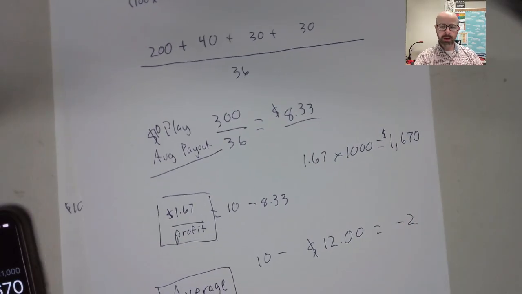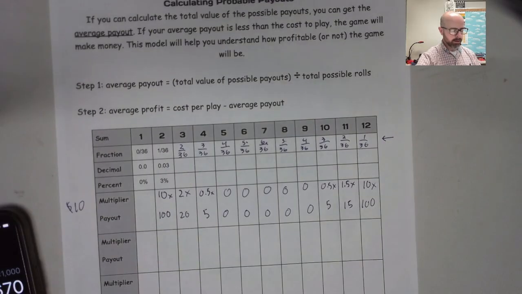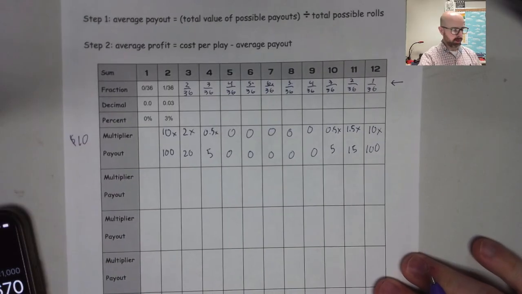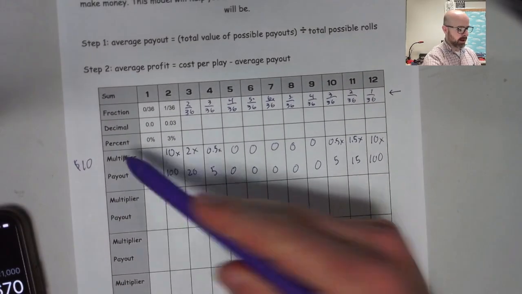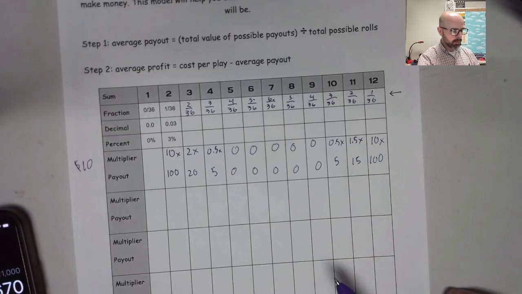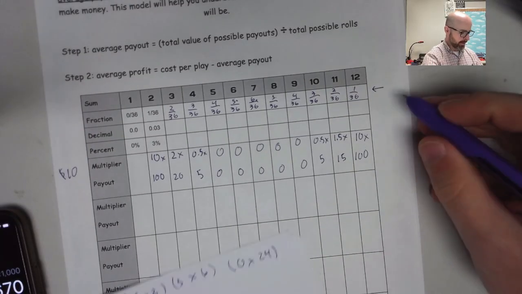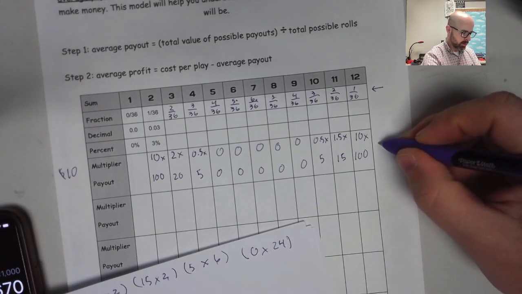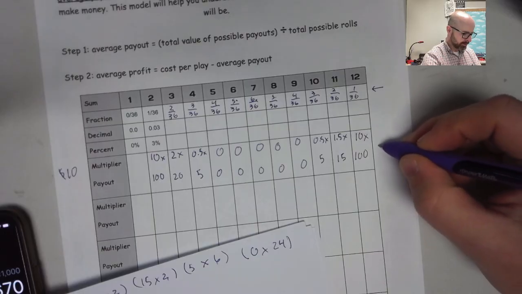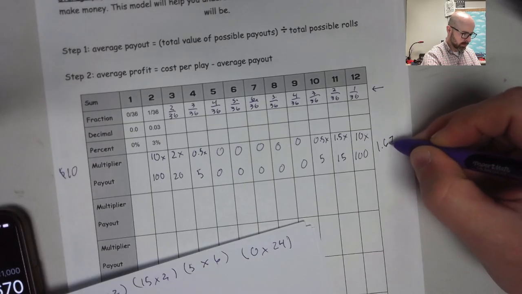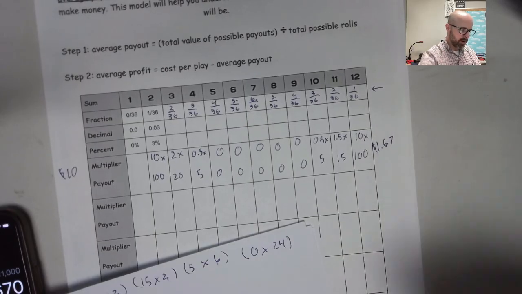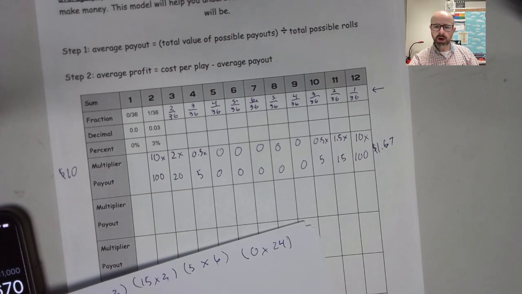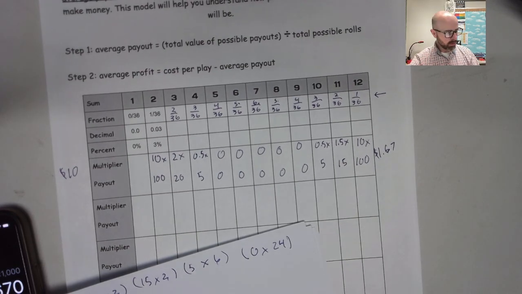So, your job now, try a bunch of these different ones. With my $10 multiplier, my average profit is $1.67. So try a bunch of these and see which one would be the most profitable for you following our rules of designing the game.